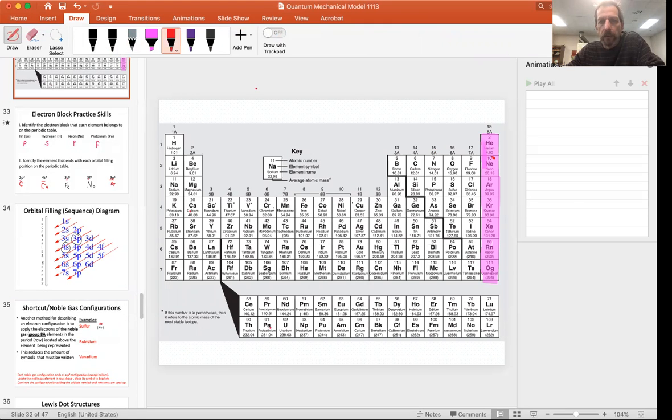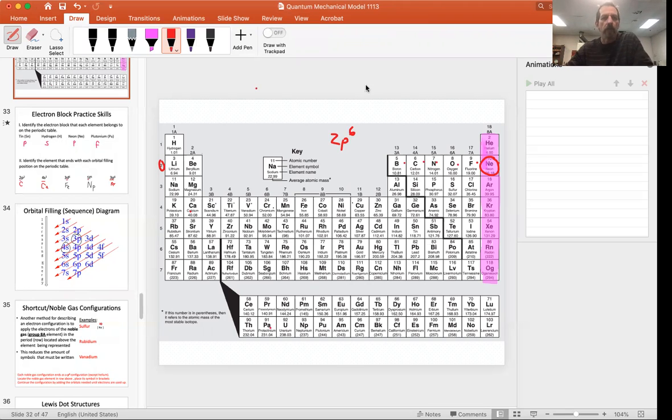Neon is right here on the periodic table. Neon is in energy level 2, in the p6 position: p1, p2, p3, p4, p5, p6. Neon ends at 2p6, so we know everything all the way up to 2p is completely filled. We use that to our advantage.